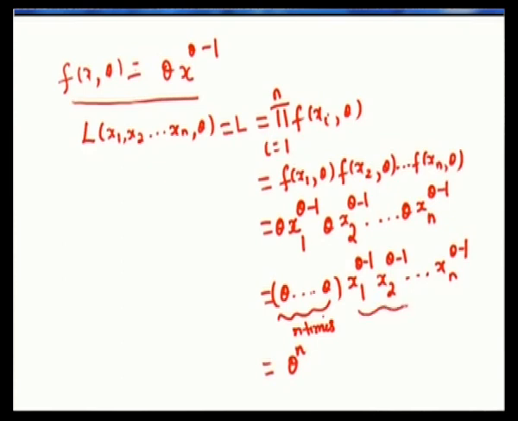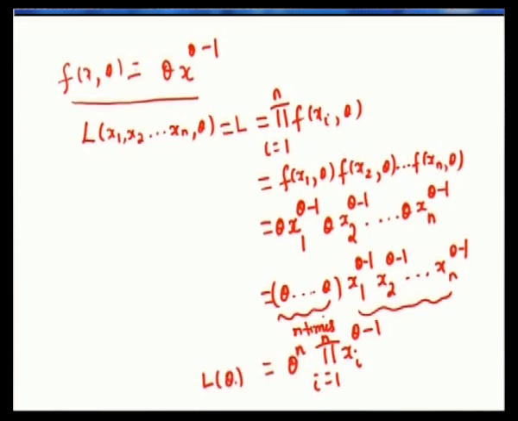Now I have to combine all these terms as a single term, which I will write as the product of xi power theta minus 1, i equal to 1 to n, which is my L of theta.